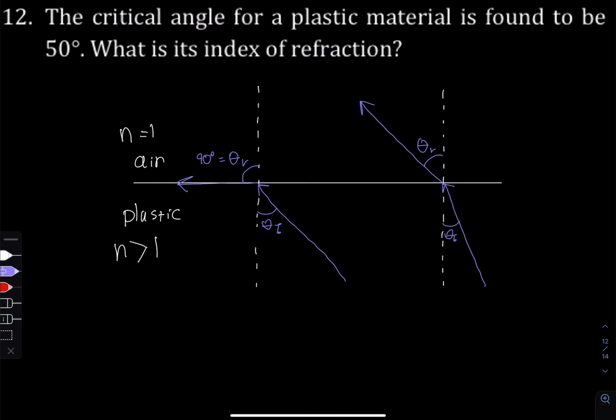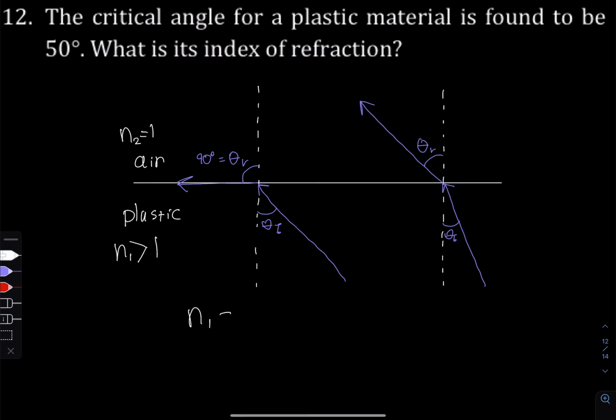And so if we look at our equation for this, it would mean that N1, in this case, is the substance that we're coming out of. In this case, it's actually going to be the index of refraction of plastic. So this is N1, and this is N2 of air.